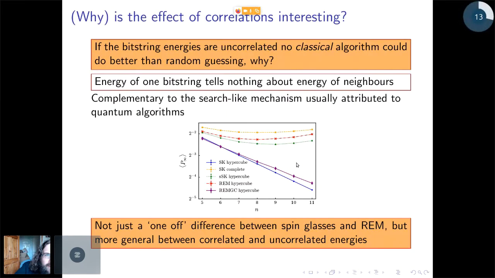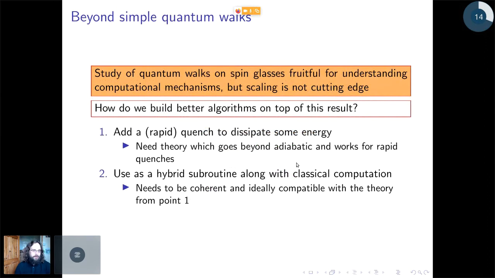Okay, so the quantum walk story was very interesting. It told us something important, that the structure of the problem is really playing a role in these continuous time searches or optimization algorithms. This is maybe unsurprising, but it is very interesting, and it should inform the thinking about stuff.